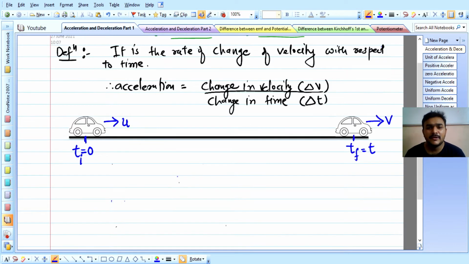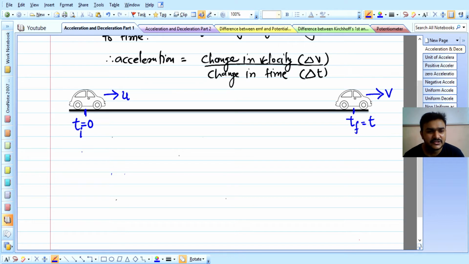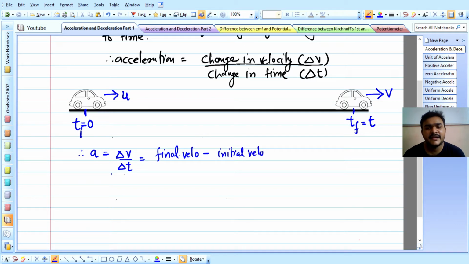So if I want to write down the acceleration, then acceleration is equal to change in velocity by change in time, meaning final velocity minus initial velocity divided by final time minus initial time. Final velocity here is v, initial velocity is u, so v minus u.